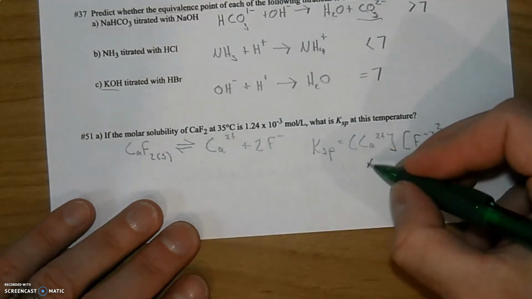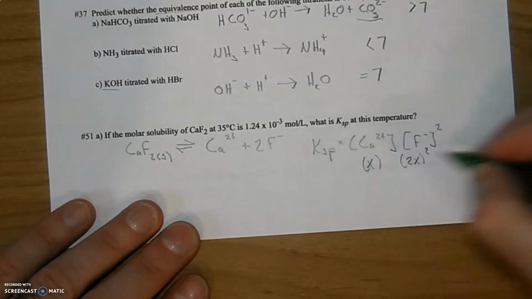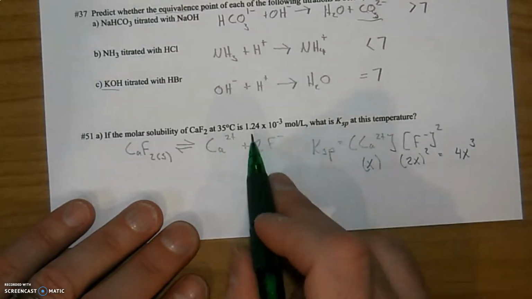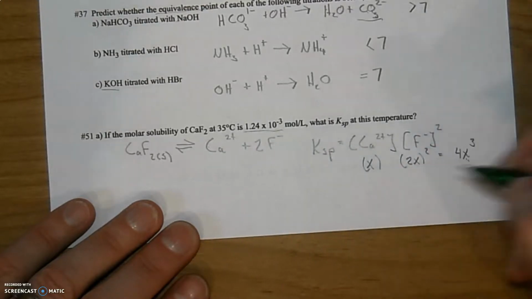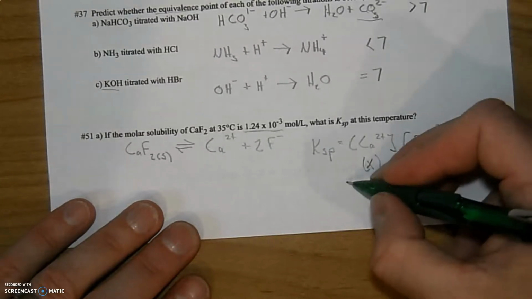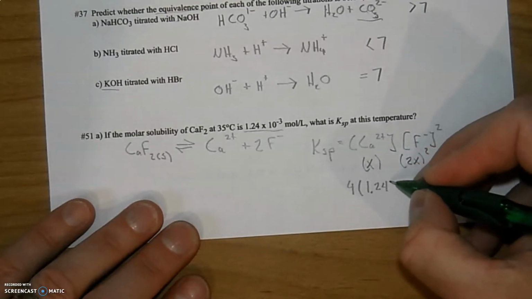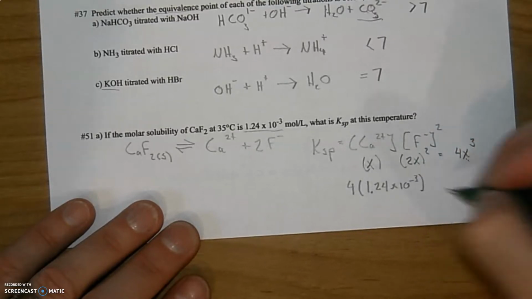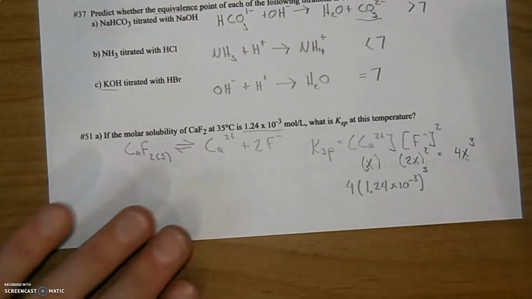So you end up with x, 2x squared, and therefore it would be 4x cubed. But again, I know what this value is, so I can go ahead and put that in for x and say that that is going to become, in this particular case, 4 times 1.24 times 10 to the negative 3 raised up to the third.